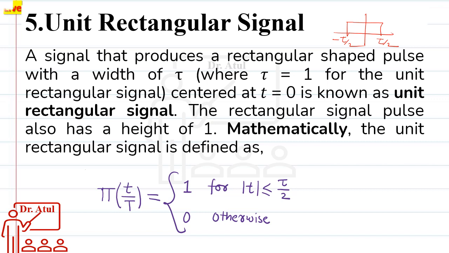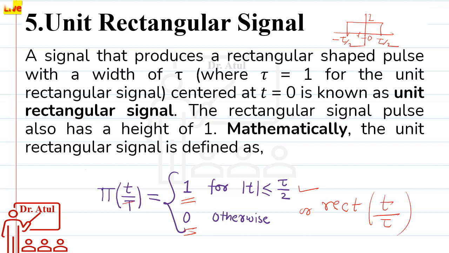If it is centered at t equal to 0, and if its amplitude is 1, then it is a unit rectangular signal. It is 1 for mod t from minus tau by 2 to tau by 2, and 0 otherwise, so it is rect of t by tau.